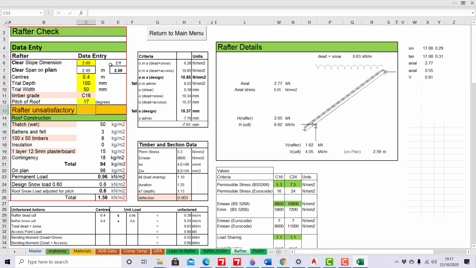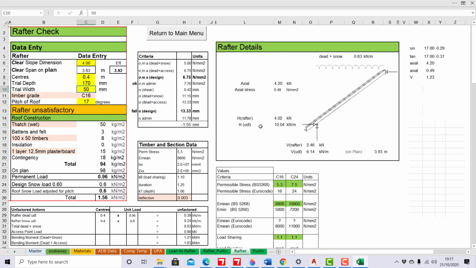So with long rafters, you pump that up to 4 meters, which is not unusual, and put 7x2 in, because people don't use purlins anymore. And look at the horizontal that the ceiling joist has got to take out for a 4 meter long rafter at 17 degrees.